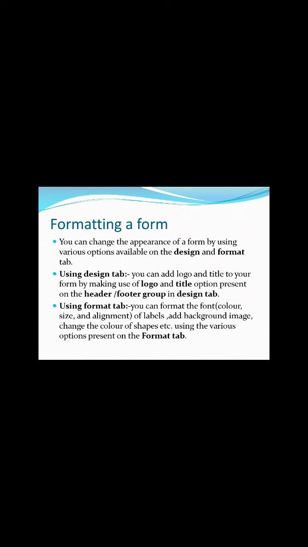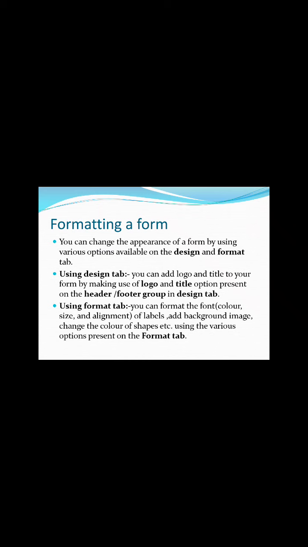You can add a logo and title to your form by making use of the logo and title options, and these two options you will get in a design tab. And which group? Header and footer group. Okay, so these logo and title options are there in that design tab under the header and footer group. What you have to do is just click on that particular option.